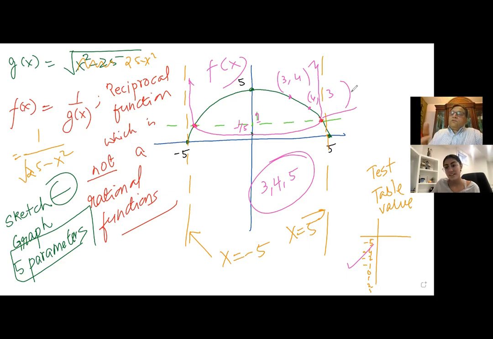This time we have two vertical asymptotes. We do not have any horizontal asymptote. So there are many parameters which come up. Maximum value, local minimum value, all these are good points to mark. And also saying that the graph is above the x-axis, always positive. Very important point.